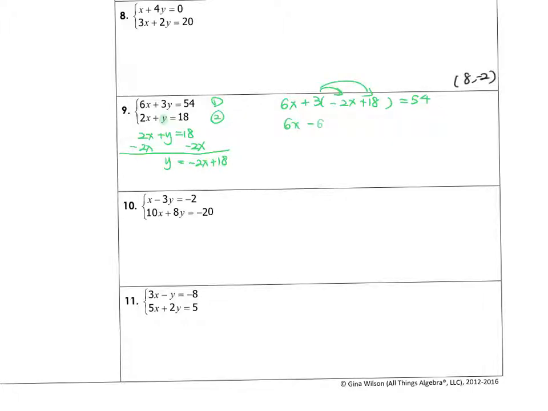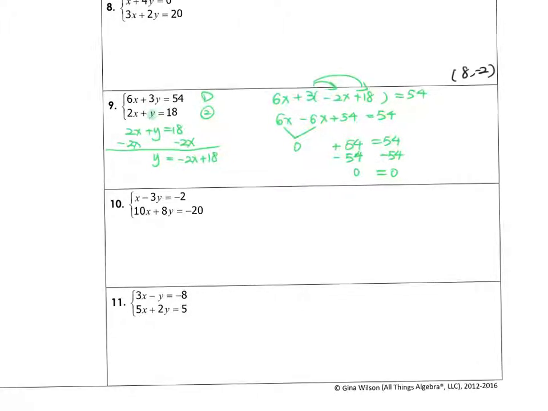3 times negative x is negative 3x. 3 times 18 is 54, I think. Oh, there's a 54 on the other side. Notice that 6x minus 6x gives me 0. 0 plus 54 equals 54. And if I subtract 54 from both sides, I have 0 equals 0.